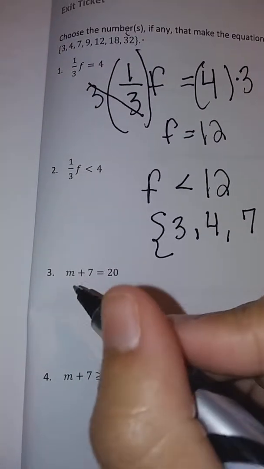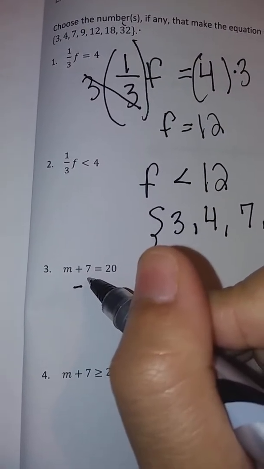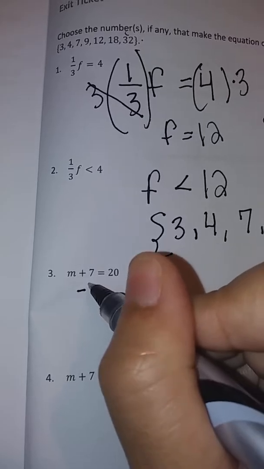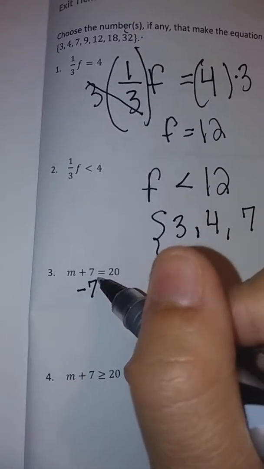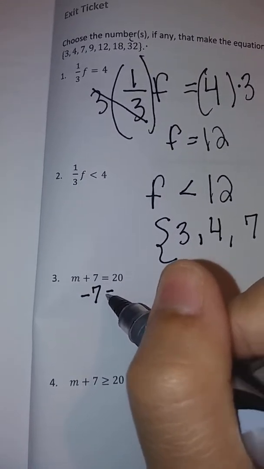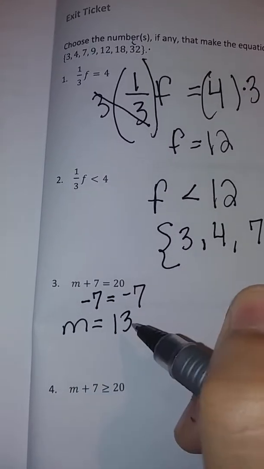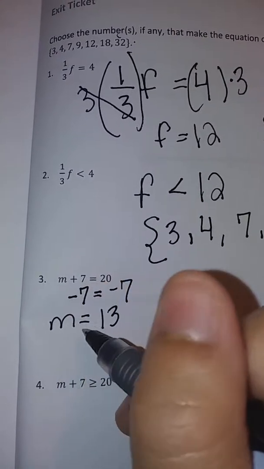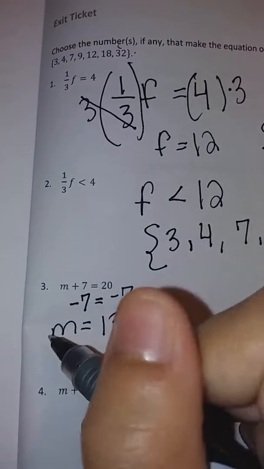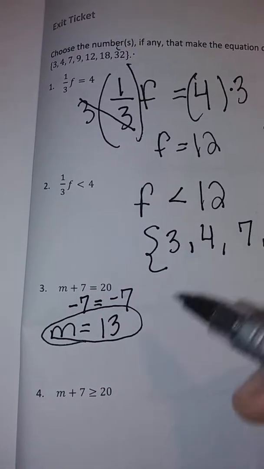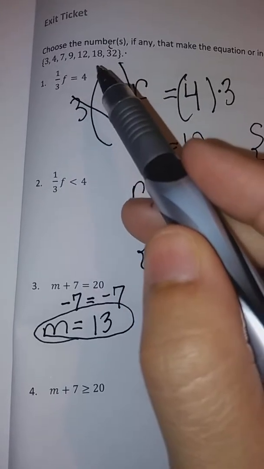Okay, so let's go ahead and try this one. This is m plus 7 equals 20, so we have to isolate that variable. So we're going to do minus 7, m equals 13. If it is an equal sign, there's only one answer. So you have to go check to see, is this 13 in your set of numbers?